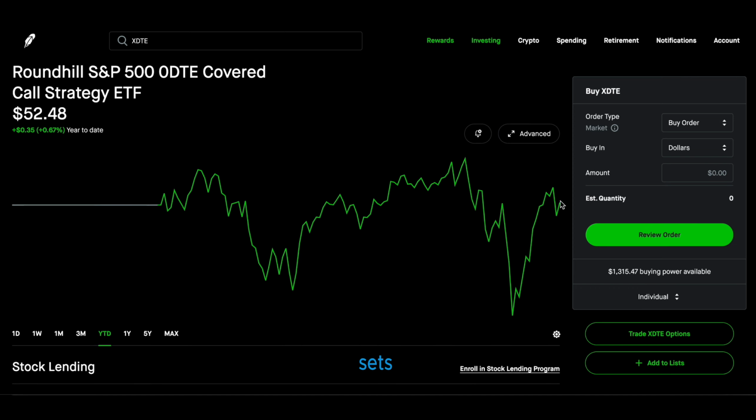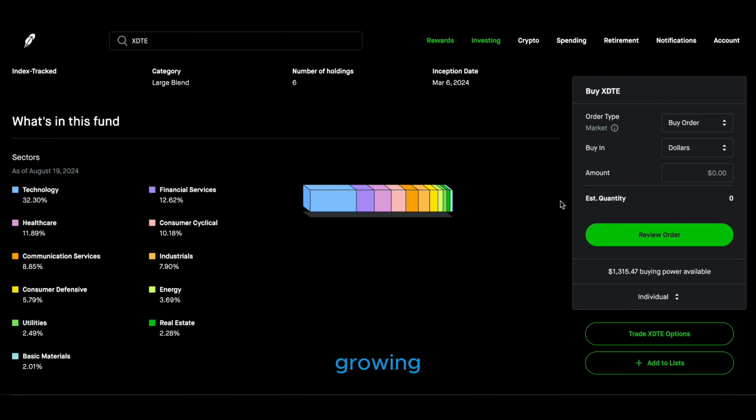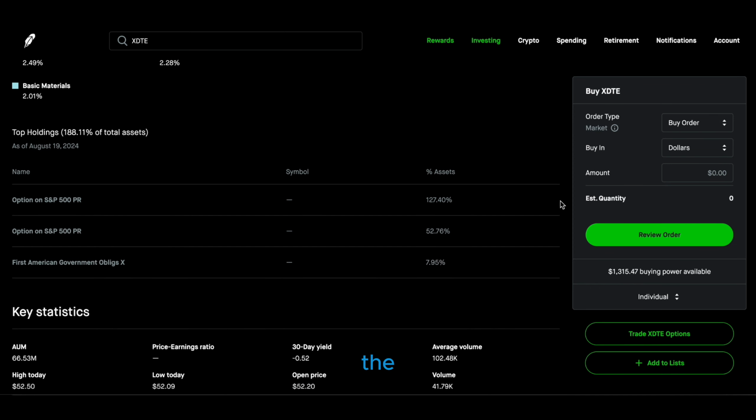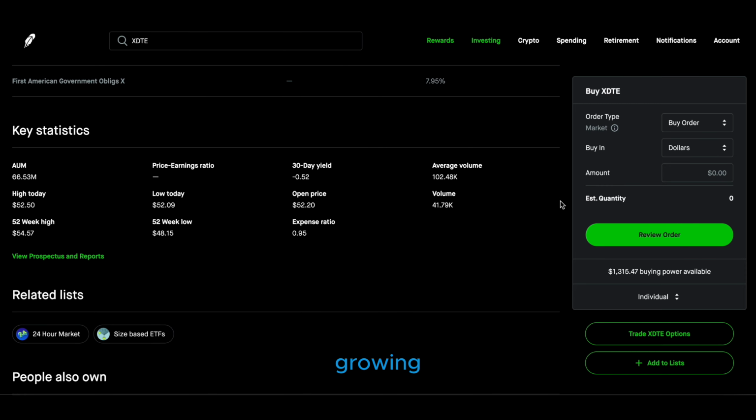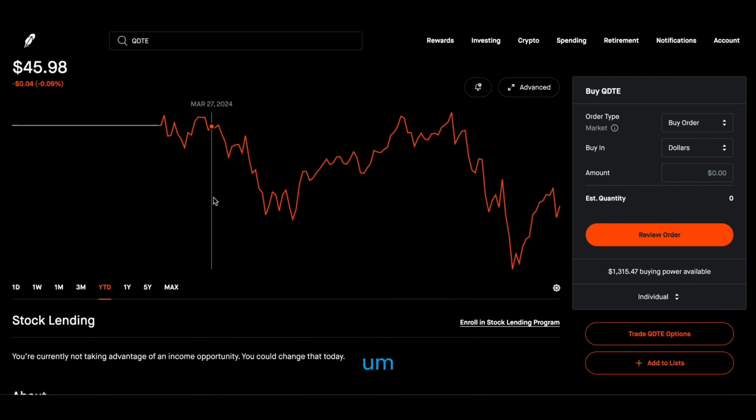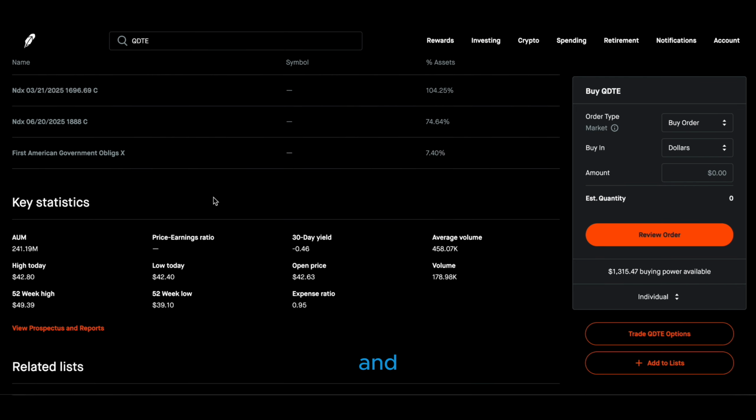And assets under management for both of these are growing like crazy. These are some of the fastest growing ETFs, both. If you look at the records, XDTE currently stands at 66 million in assets under management, and QDTE has over $241 million.